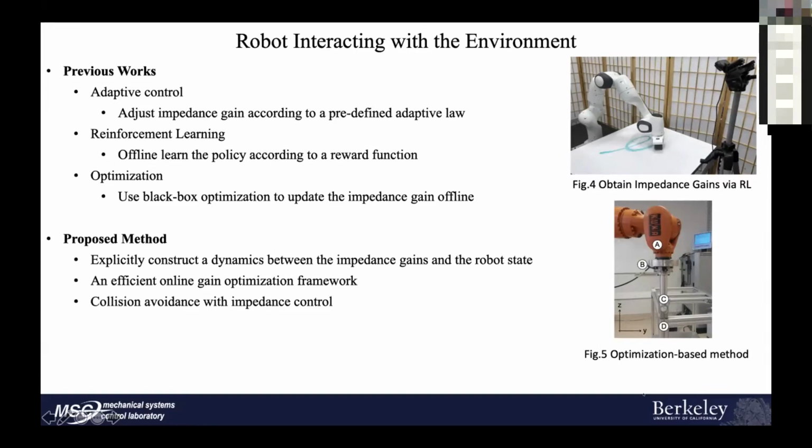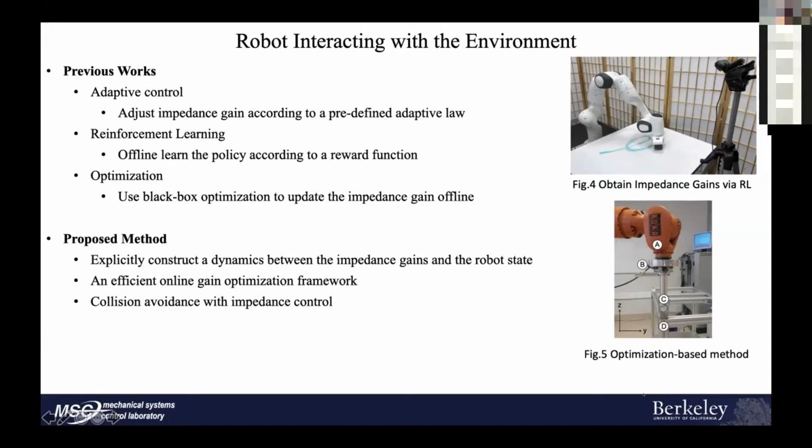And also, there are lots of works on reinforcement learning to offline learn the policy according to a reward function. However, as a common problem for machine learning-based methods, it is data hungry and not efficient to train. Moreover, there exists a sim-to-real gap when we implement the policy on the real robot. Optimization is also a very powerful way to find the optimal impedance gain.